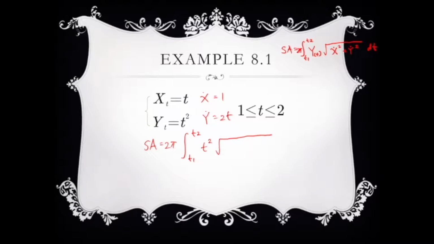So the thing under the root becomes 1 plus 4t squared dt. From here, we can just substitute using trigonometric substitution and let 2t equal tangent theta, and then we can solve this, maybe using integration by parts in the middle, and then we can go on and get the answer.